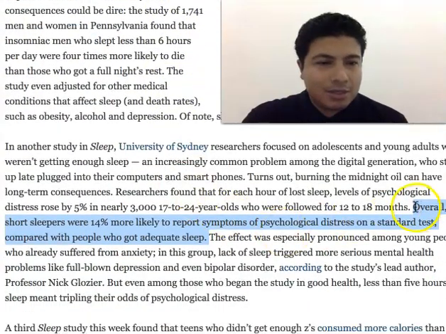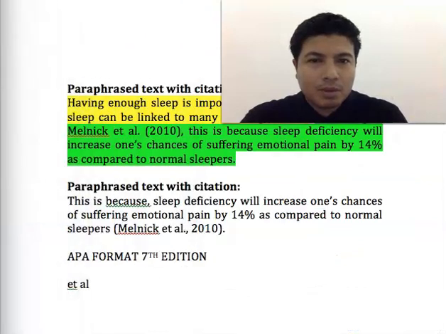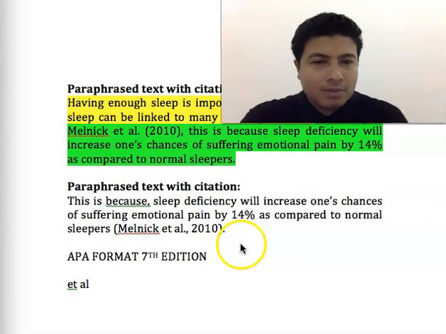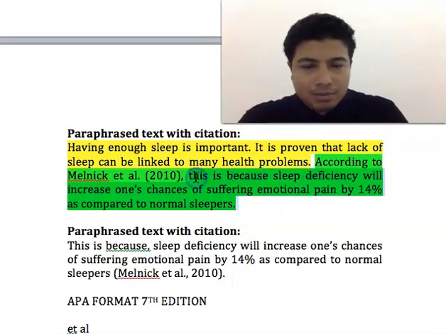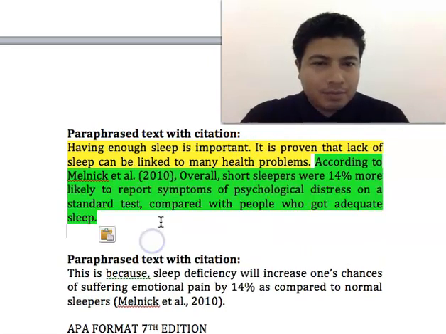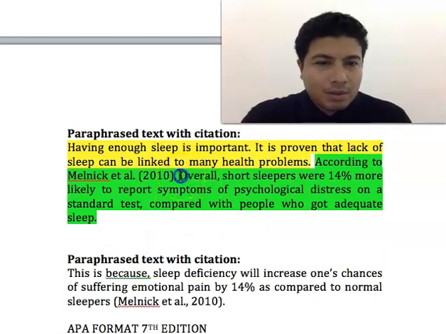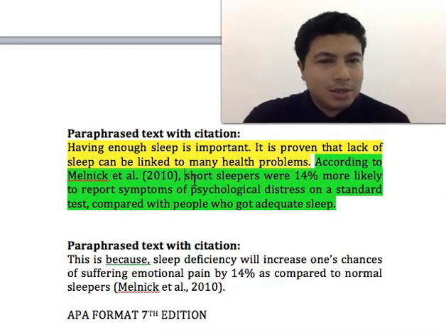For example, this is the sentence. So you cut and paste, then you put it here. So let's say you didn't change anything. Yes, you can, but it is not encouraged. It is better if you paraphrase.